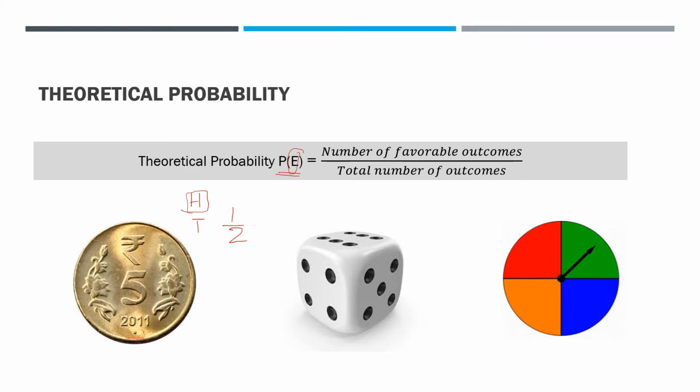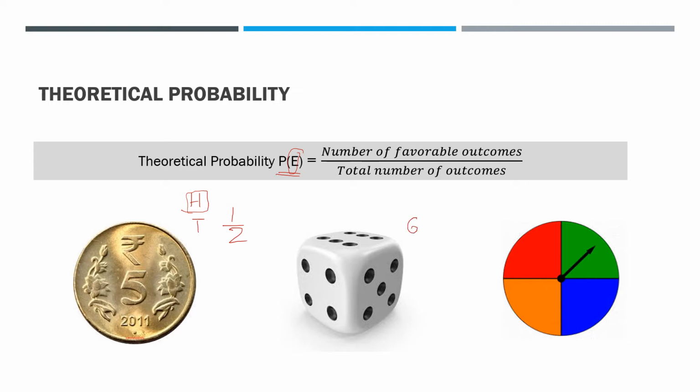Let's think about dice problems. You have a die, and a die again is a cube shaped object with 6 sides numbered 1 through 6. So if you roll a die, what is the total number of possible outcomes? That is 6, right?